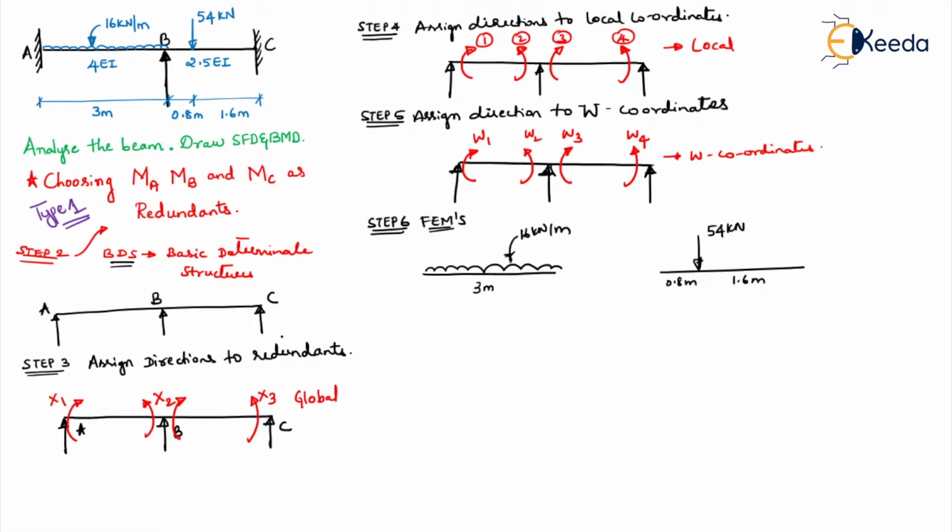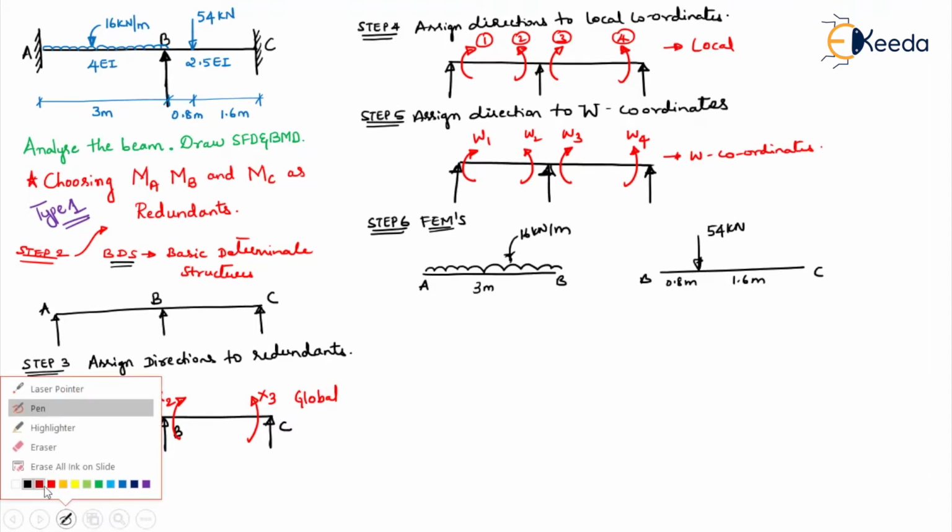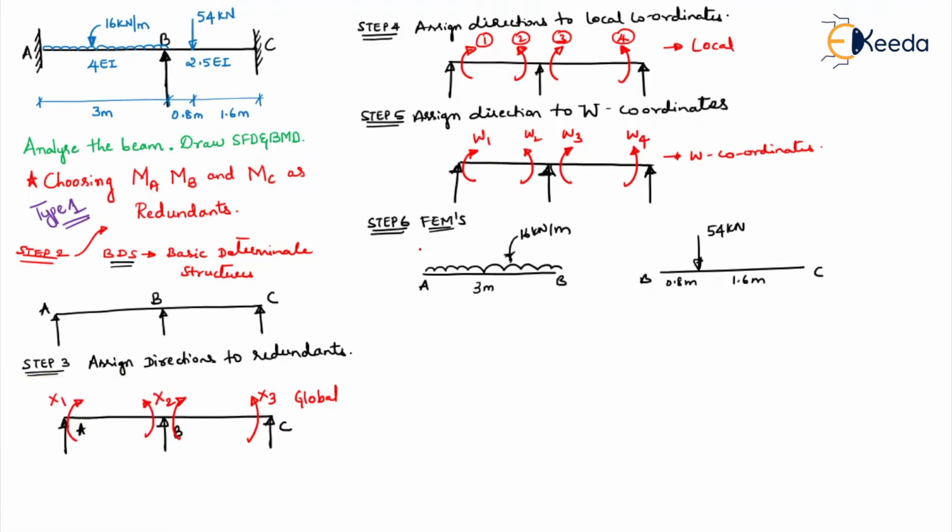So here we'll call this A, B and C. Now let me put the directions. So this will sag the beam loading, so we have to push it up. That will be your fixed end moment MAB. This will be your MBA. Coming here, this will be MBC and this will be MCB.